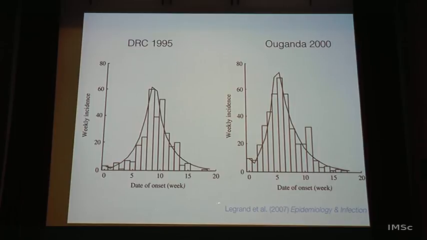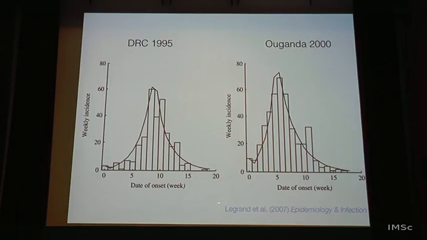So you see you have two epidemics that look roughly the same in terms of the highest incidence, and also in terms of duration. And here is the fit of their model, and you see that, okay, it's a decent fit. And then you are interested in the parameters.